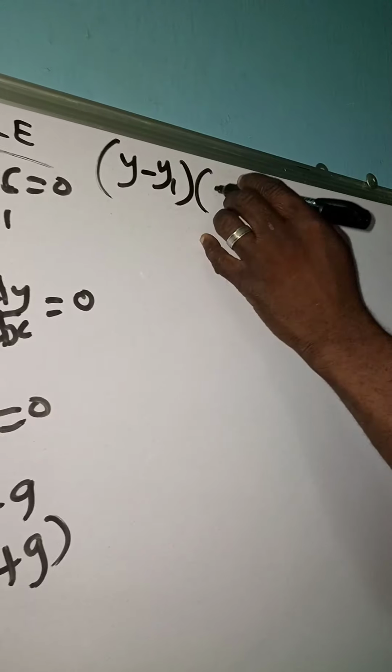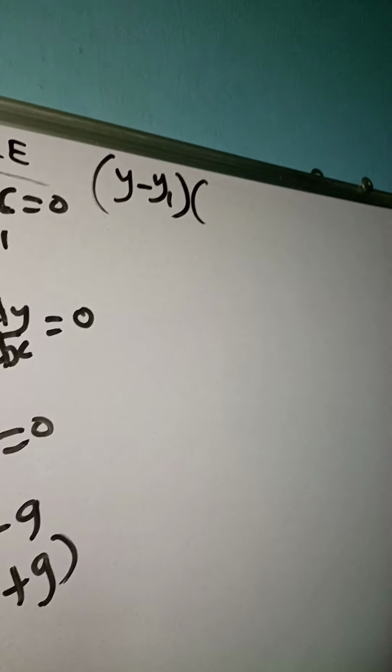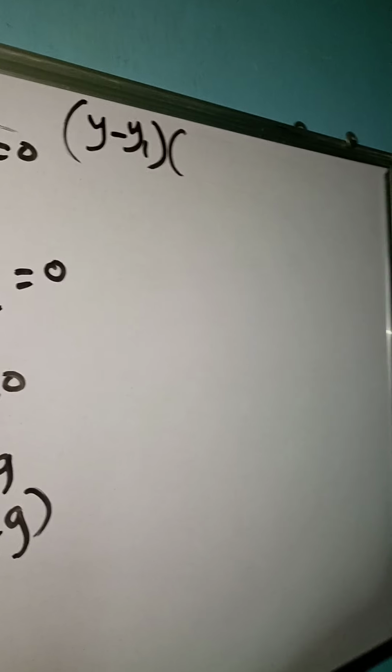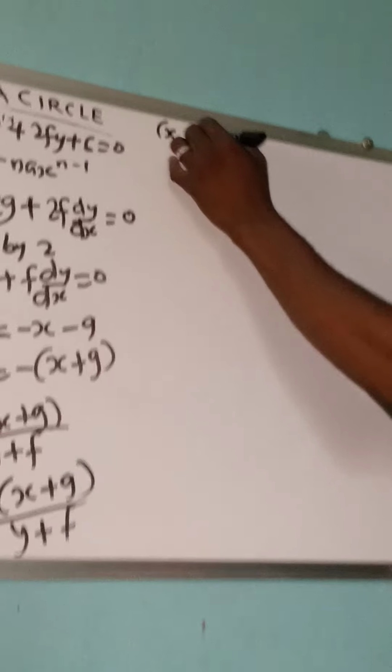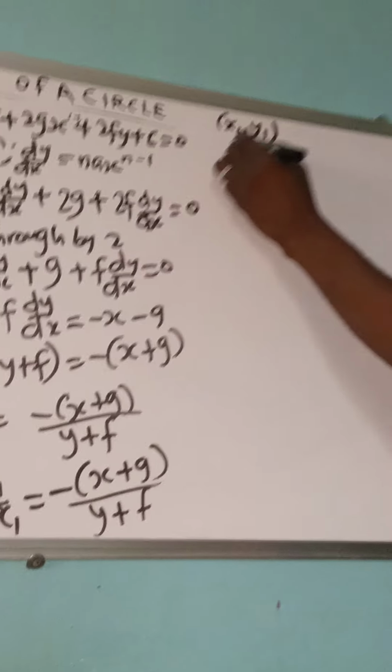y minus y1 into, now this is y. So at this point x1, y1, that means this will be x1 and y1.